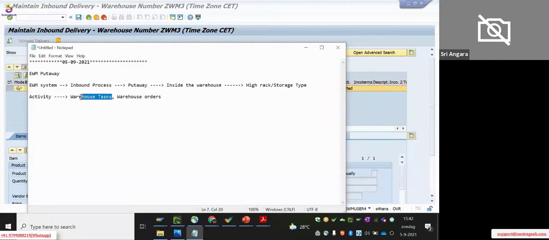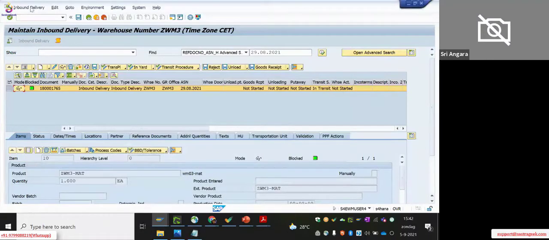Warehouse tasks in EWM are nothing but your transfer requirement, and warehouse orders are nothing but your transfer orders, guys. These are the same terminology, but in the EWM system we call them warehouse tasks and warehouse orders. What do warehouse tasks and warehouse orders represent here?